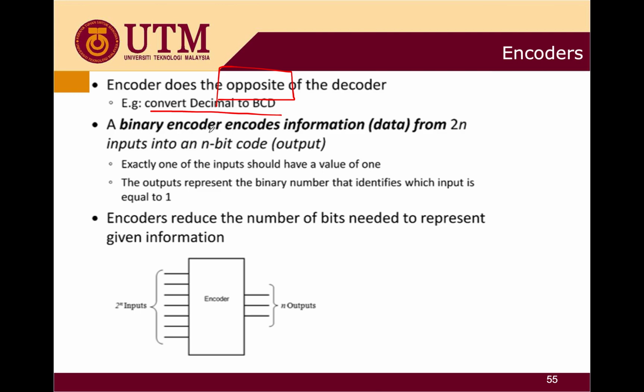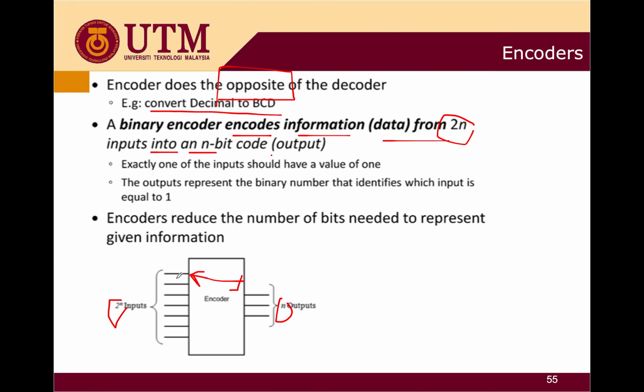A binary encoder encodes information data from 2^n inputs into n bits code output. So if you have 2^n inputs, your output will have n bits code. So it's vice versa from the decoder.